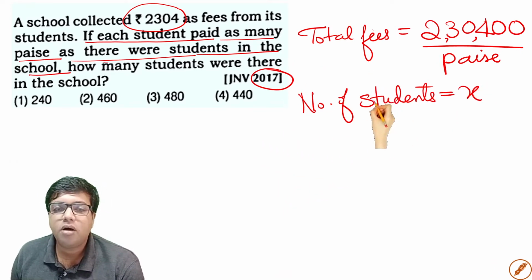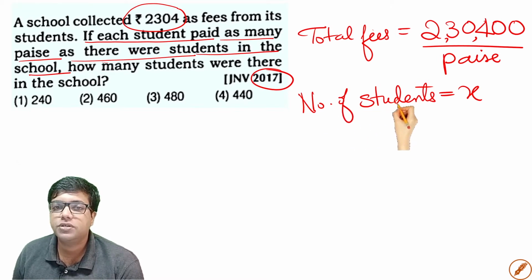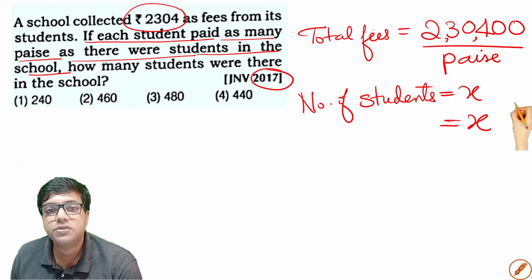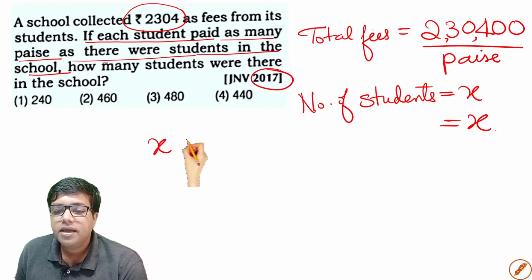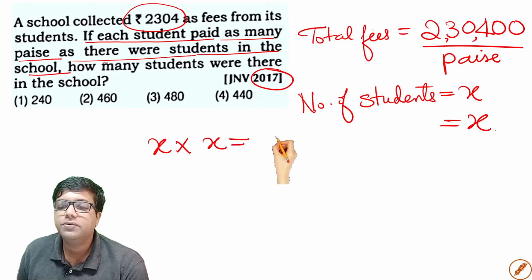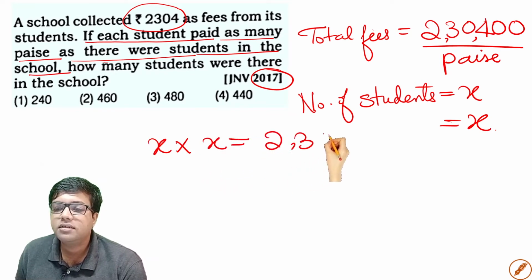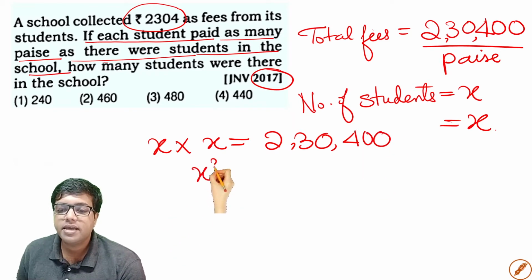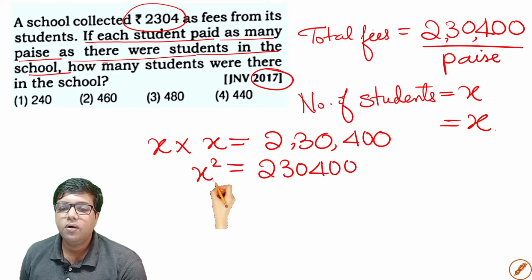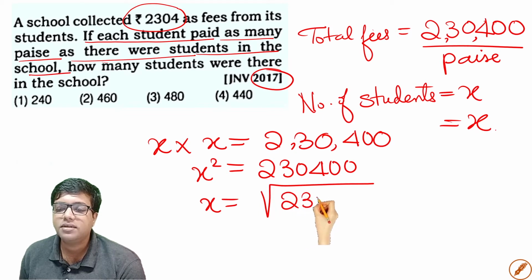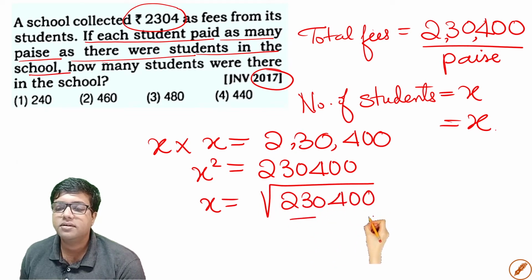And the amount that each student paid is again equal to the number of students, x paise. Therefore, x into x gives you 2,30,400. Now this gives us x square is equal to 2,30,400, or x is equal to the square root of 2,30,400, right?